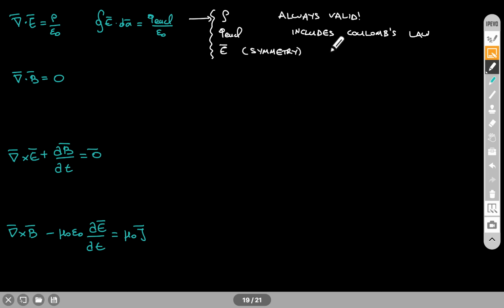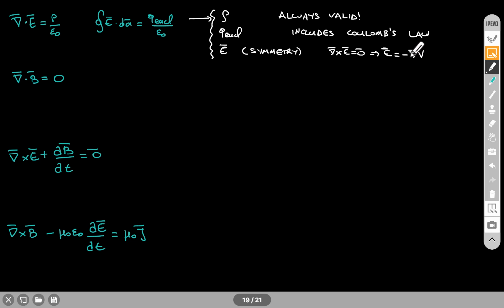Now, I also want to mention, when the curl of the electric field is 0, we said that we will define the electric potential so that the electric field is equal to minus the gradient of the electric potential.